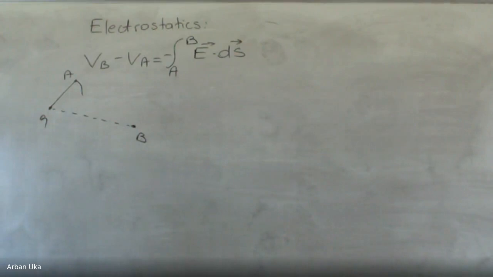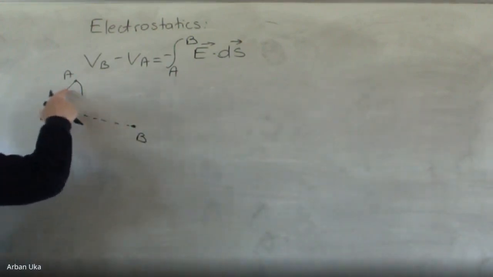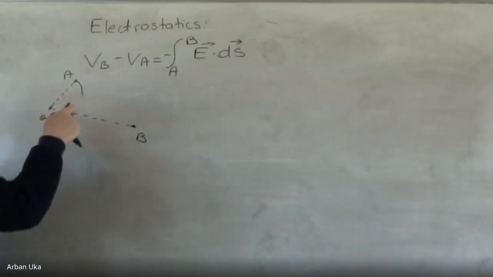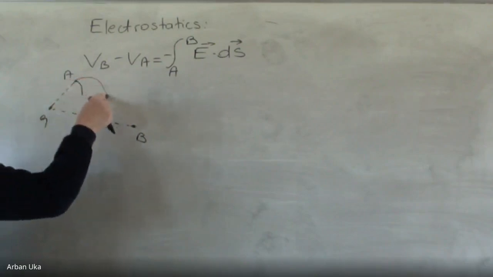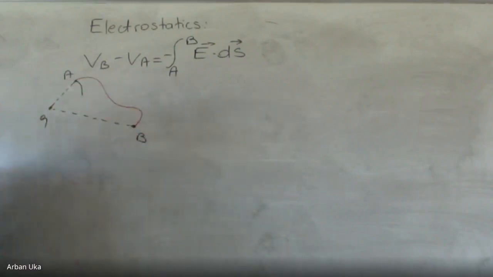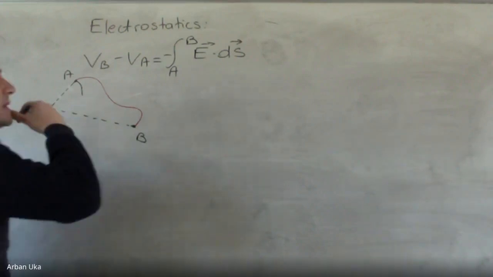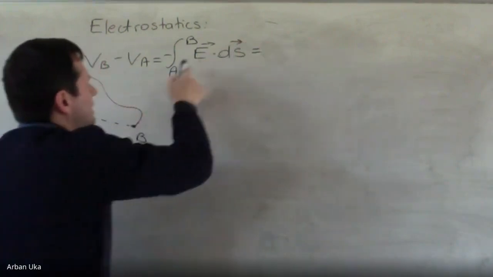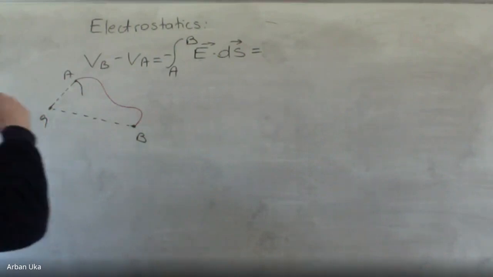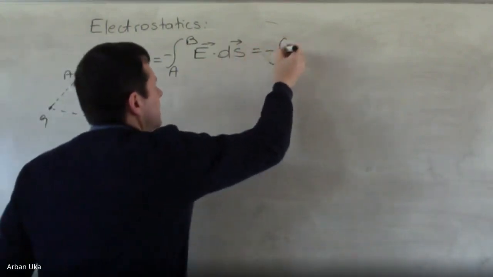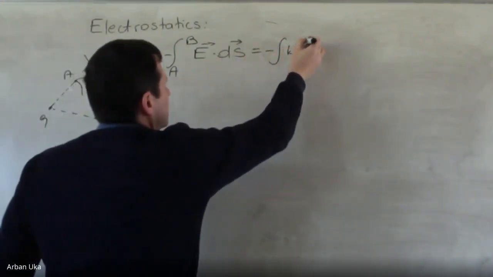Maybe it's better to assume we go from point A to point B, and this is also intersected. So we want to follow such a path from A to B. And let's try to see what E is. E itself is minus the integral of K.